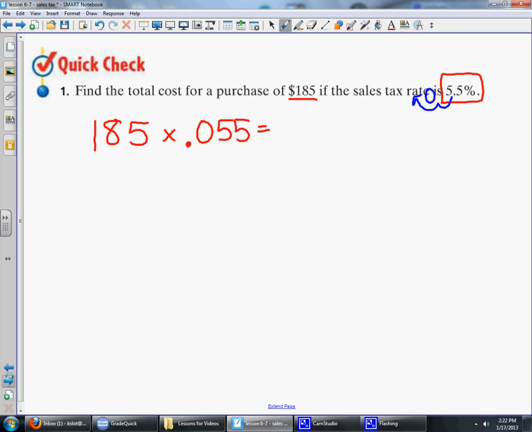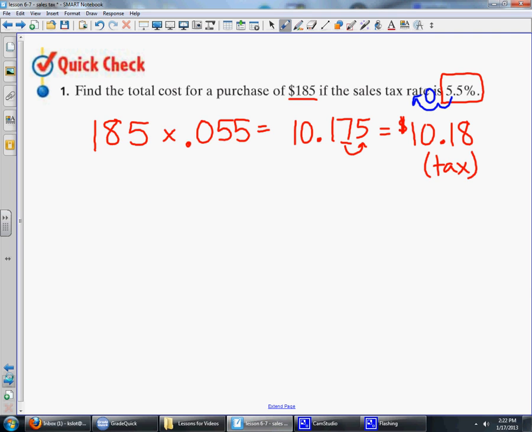On your calculator, 185 times 0.055 ends up being 10.175, but we want to round to the nearest cent. So it's $10, and the 5 tells us to round the 7 up to an 8. So it's $10.18. This here is the tax.